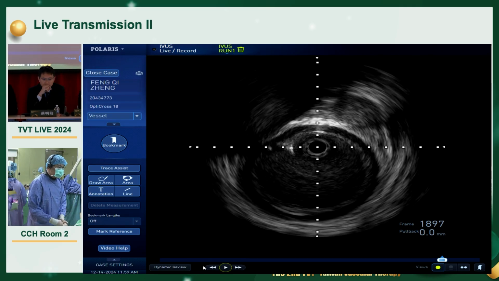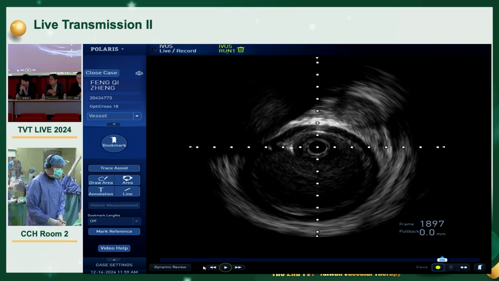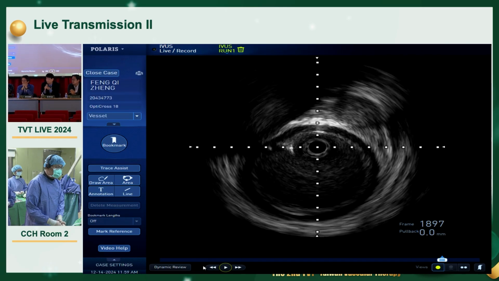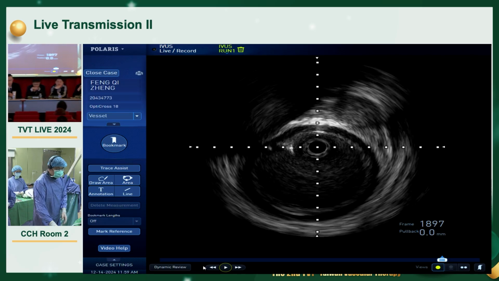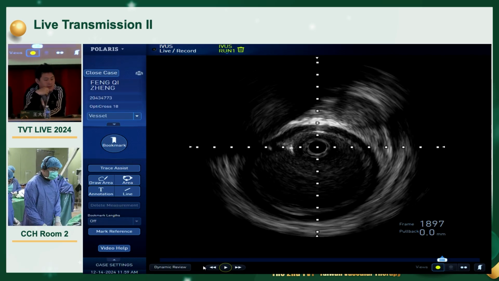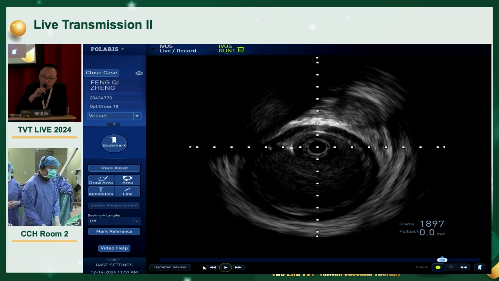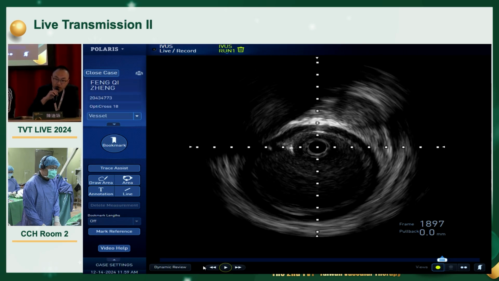No further question. Any suggestion? Okay, Dr. Chen. Hello, it's Dr. Chen from Tainan Cheng-Kung University. We know that the underlying pathophysiology of restenosis after bare balloon angioplasty and in-stent restenosis are extremely different, and in-stent restenosis consists of more smooth muscle ingrowth.